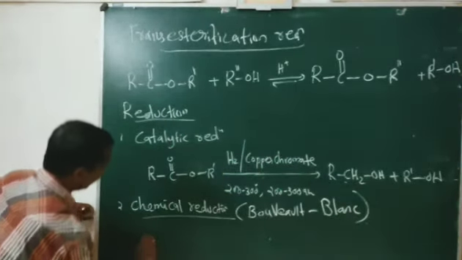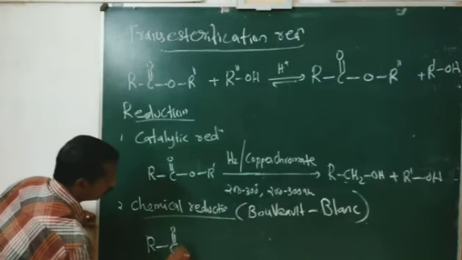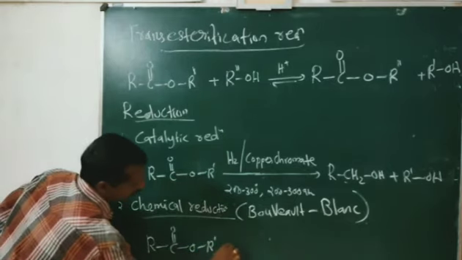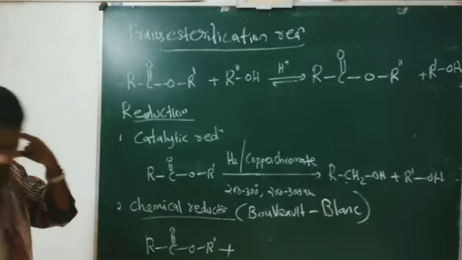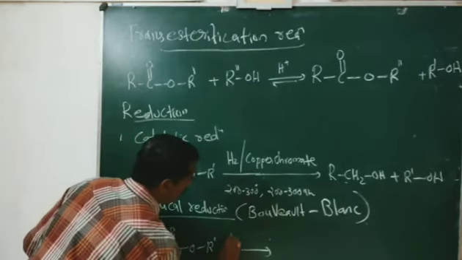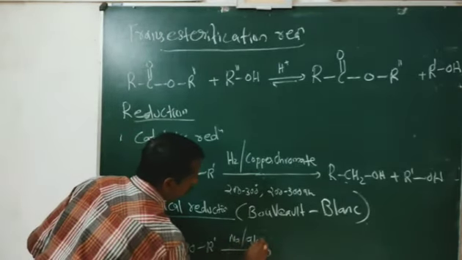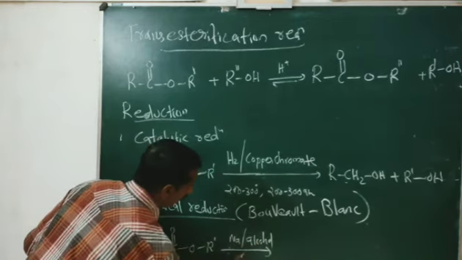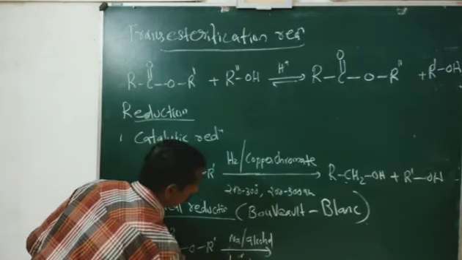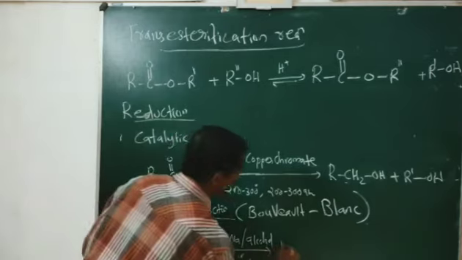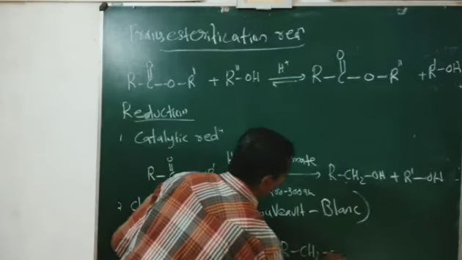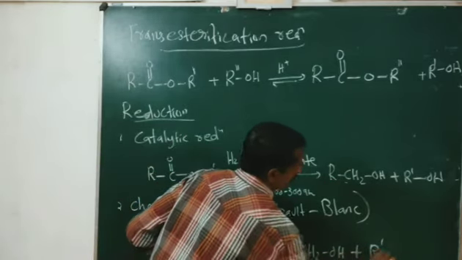Again, when an ester RCOOR' is reduced with sodium and ethanol, or LiAlH4, lithium aluminum hydride, you are getting the same product, RCH2OH plus R'OH.